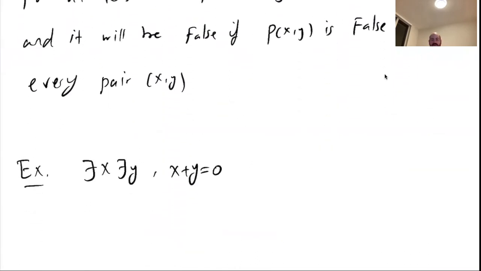Well, obviously there are so many pairs for which this is true. What are they? For example, 2 plus minus 2, 1 plus minus 1. For all these pairs, x plus y is 0. So this one is true, since, for example, 1 plus minus 1 is 0.